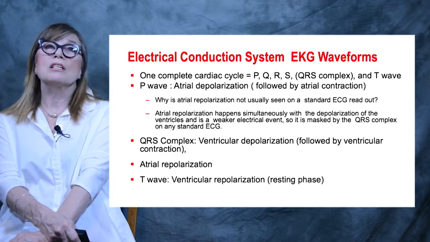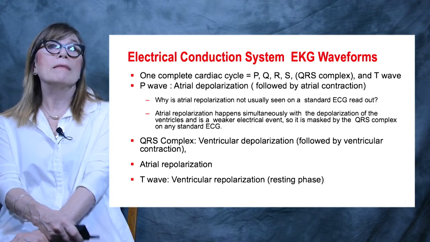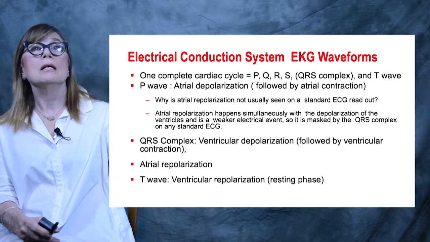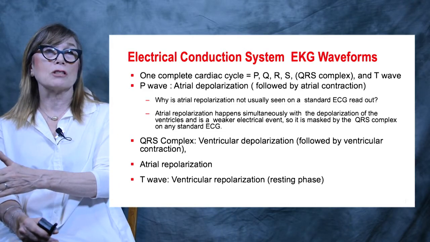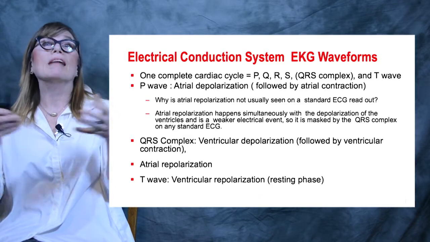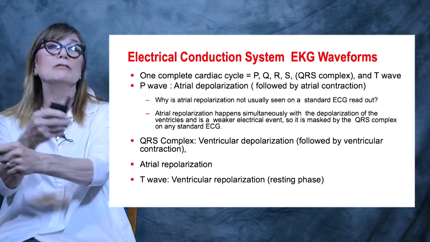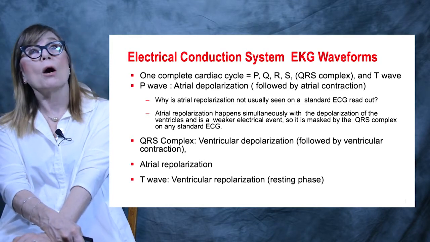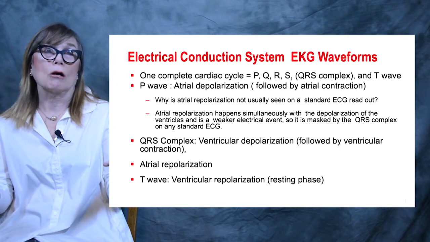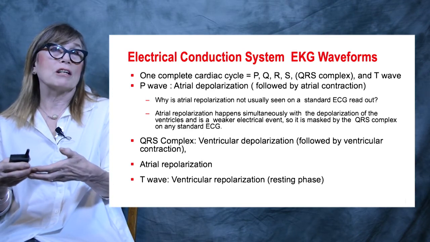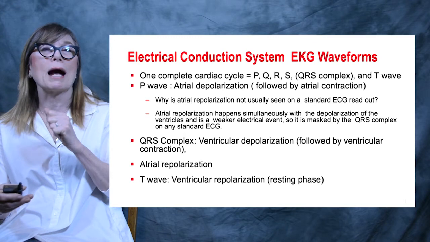So all of this is about ionic shifts. The most important ionic shift in the atria is the influx of potassium and calcium into the atrial cells, which creates current. And that allows calcium to be released for contraction. In the ventricles, it is potassium and sodium, which release current, and that allows for calcium to influx into the ventricular cells to allow contraction.